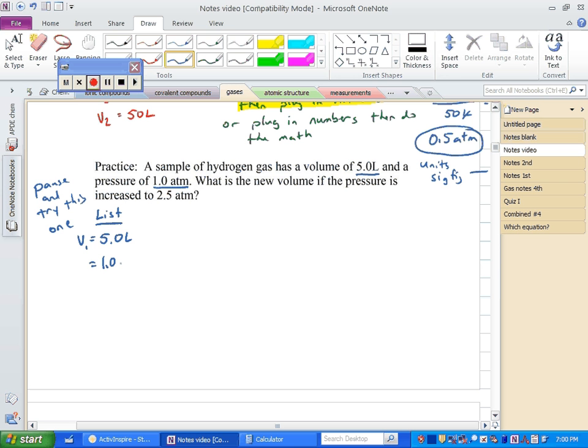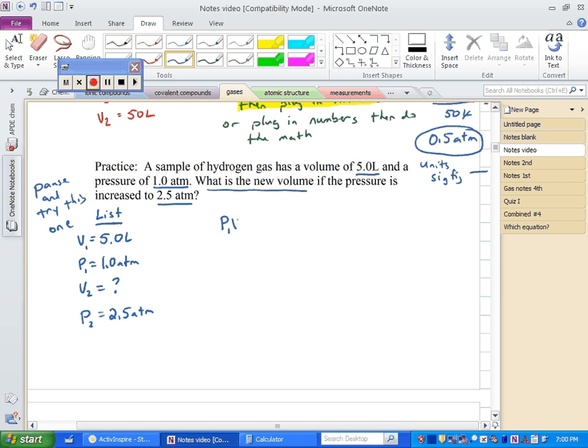What is the new volume? So what, there's our question word, there's our unknown. If the pressure is increased to 2.5 atmospheres. So our equation is P1 V1 equals P2 V2.